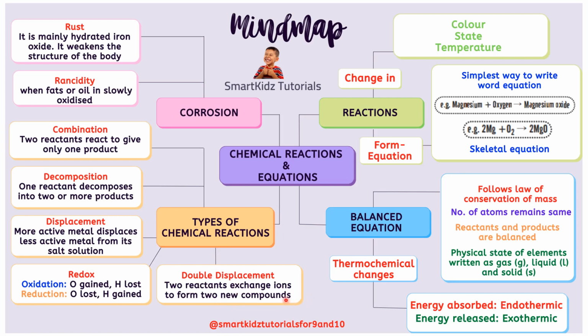So two reactants exchange ions to form two new compounds. That is the double displacement. So in displacement, there was only one metal being displaced. Over here, two of them get displaced, so that's why it's called double displacement.